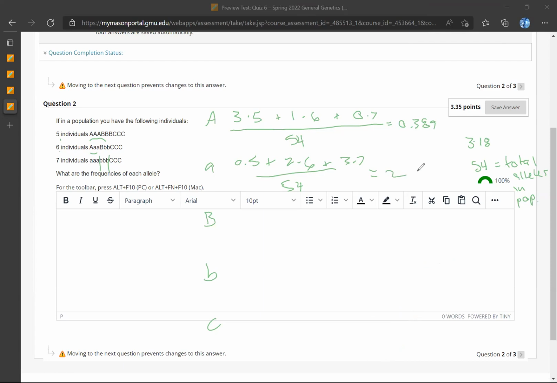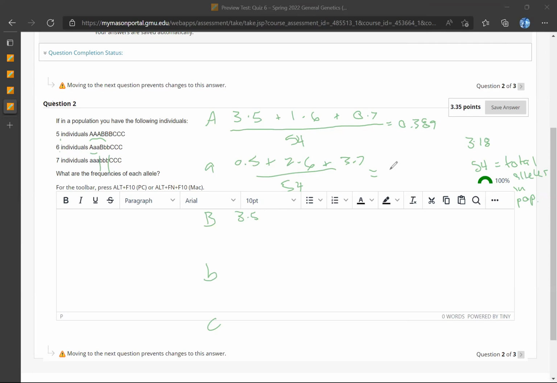So this is some math. Did someone do that math? Nope. Anyway, we can do the math later. So capital B, what's capital B? How many times do we see capital B in the 5 individuals? Yes, 3. So we see the capital B 3 times in 5 individuals, like Caroline said.